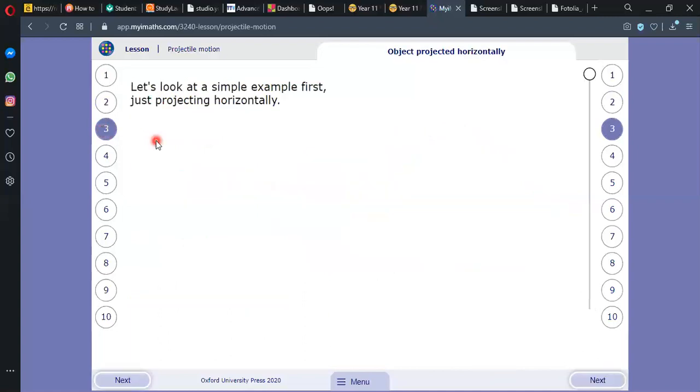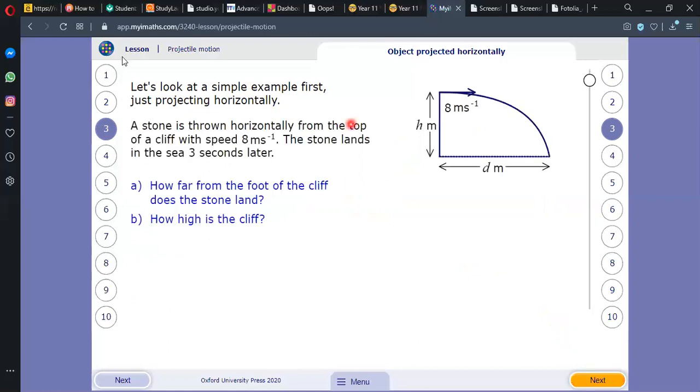Moving on. Let's look at a simple example first, just projecting horizontally. A stone is thrown horizontally from the top of a cliff with speed 8 meters per second. The stone lands in the sea 3 seconds later. Okay, you can see the diagram right here. This is the path of the projectile.